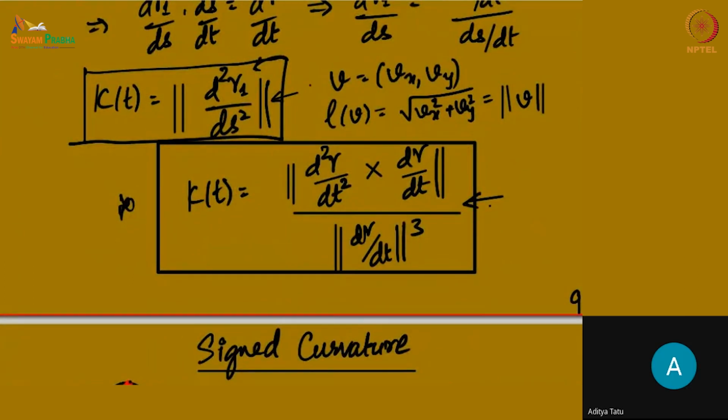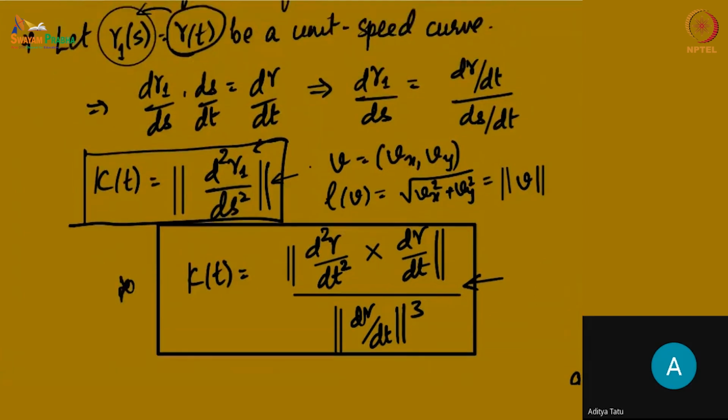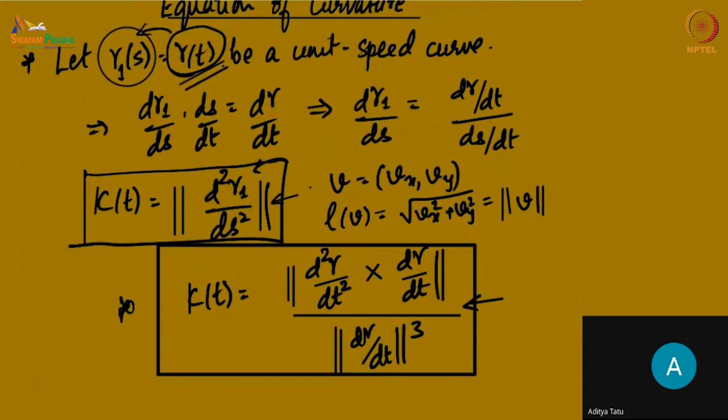Remember the right hand side is with respect to the original description, which may not be a unit speed description. So using this new description, we can compute the curvature of a curve which is described using a non-unit speed curve.